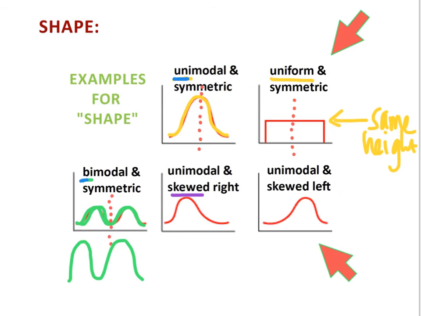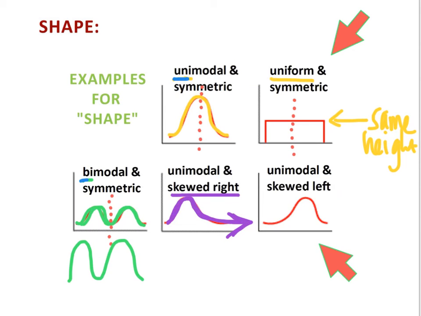Unimodal and skewed to the right means that the right tail goes further than the left tail. If something is skewed to the right, that means it goes up towards the left and then way out to the right.